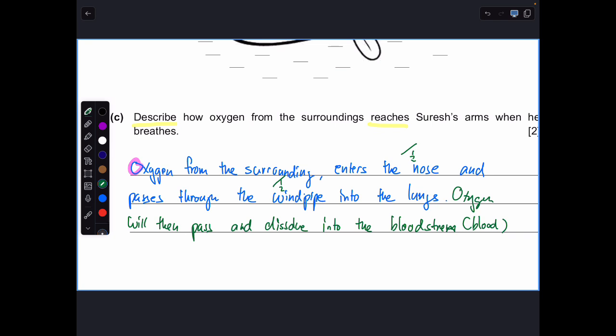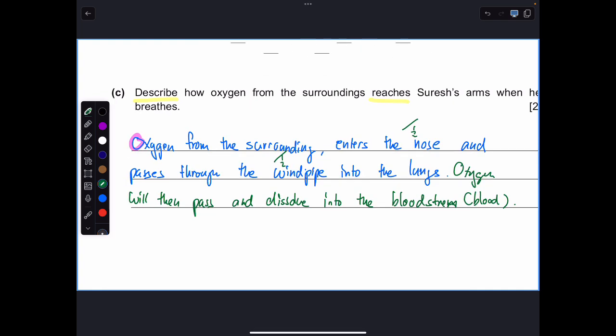Yeah, you dissolve into it, it's true, but it's actually the red blood cells itself that bind to the oxygen. Oxygen is then carried by blood, and the heart pumps blood to Suresh's arms, delivering the oxygen.